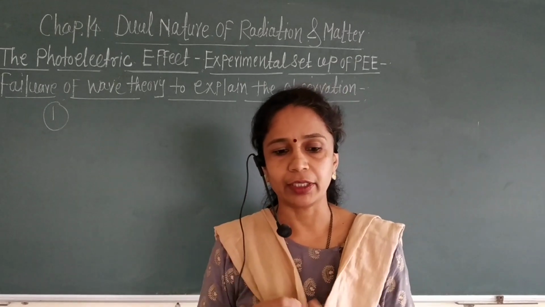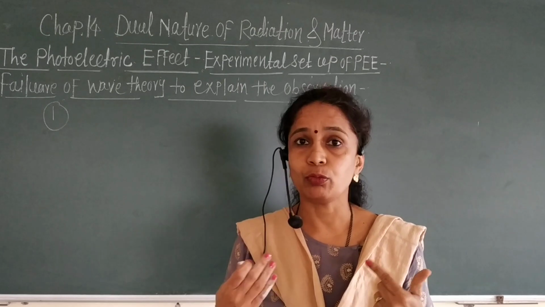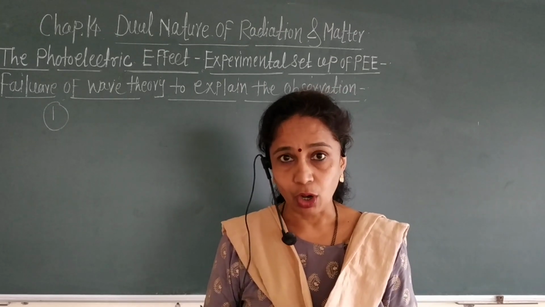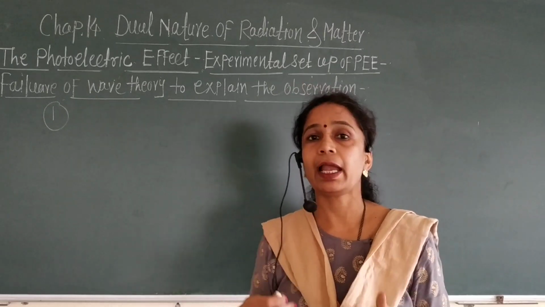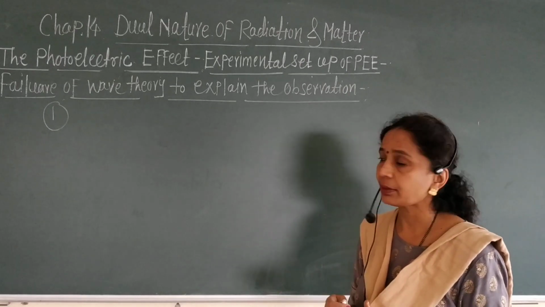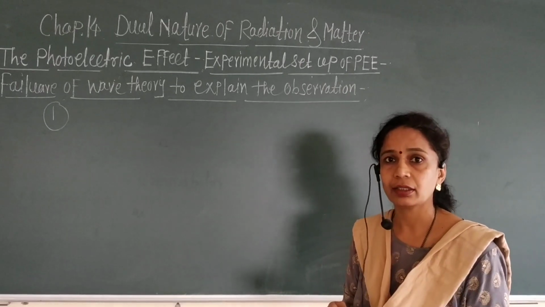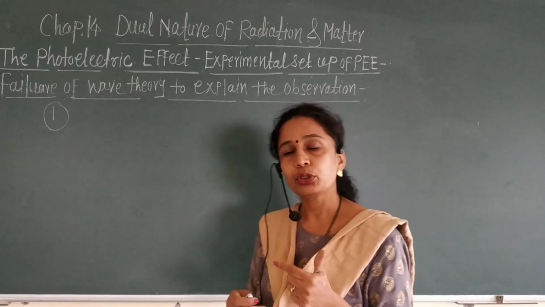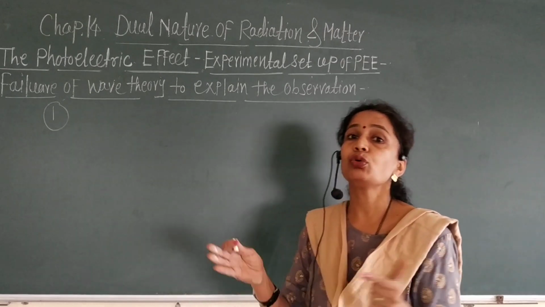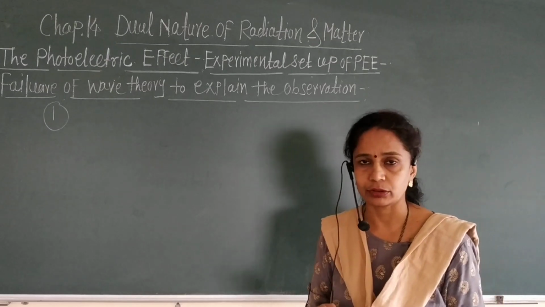According to the wave theory, the metal surface will absorb the energy. All the electrons will absorb the incident energy, and the metal surface will require reasonable time to accumulate sufficient energy to knock off the electrons.